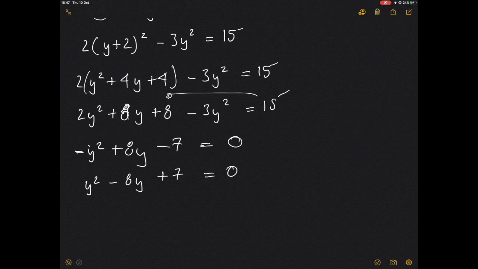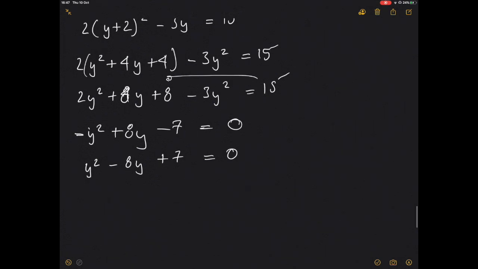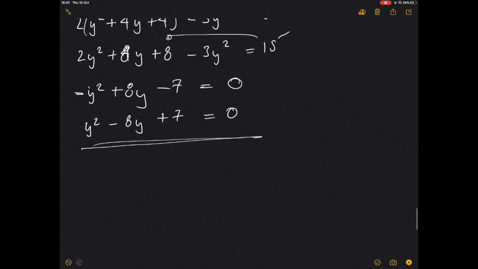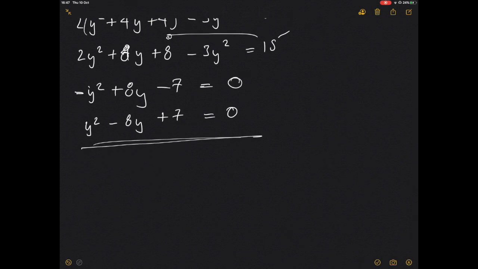And wow, we've got a quadratic here, one of our favourites, that we can now solve quite simply. We could do this with the quadratic formula, but we can see that this is quite a simple quadratic to solve. So we have a positive and a negative. That means that both brackets have to be negative.